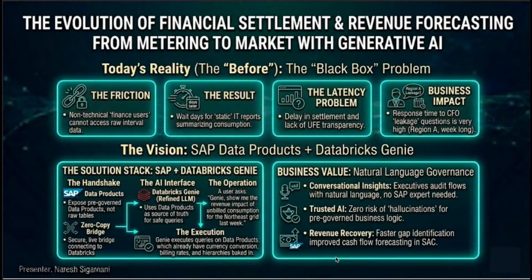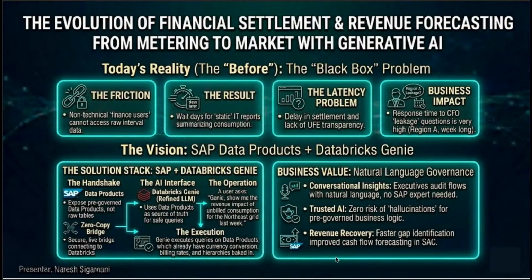We don't point AI at raw tables, we point it at governed data products via the zero copy bridge. Imagine a finance director asking Genie, show me the revenue impact of unbilled consumption for the northeast grid last week.